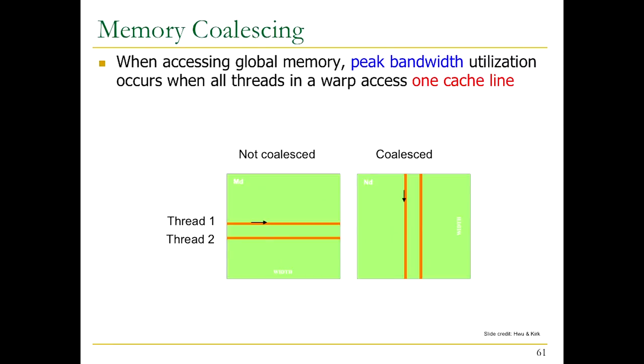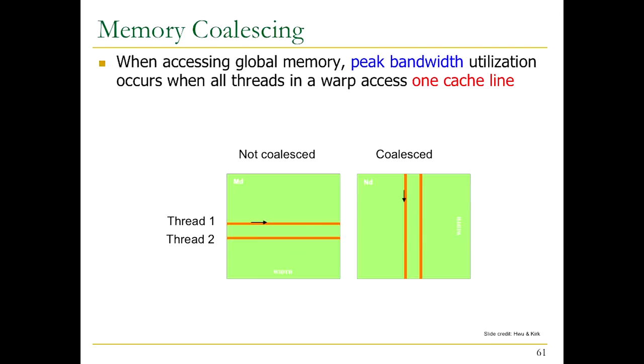But what if we want to access the row this way, the data elements this way? We have this thread 1 here, thread 2 here. What will be the problem? The problem is that they are performing a strided access. So we will have thread 1 here, we will have thread 2 here, and in the middle there are a lot of data elements that we are not accessing.